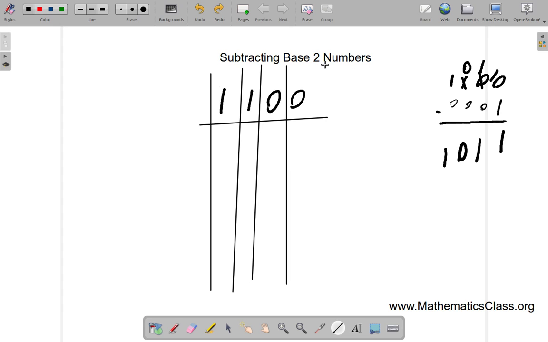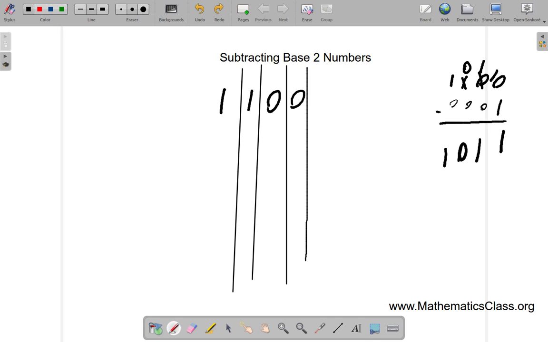This is our line up top. These columns: this is the ones column, this is really the twos column, the fours column, the eights column, just as a reminder. And we're subtracting 1. Let's put the 1 way down here.